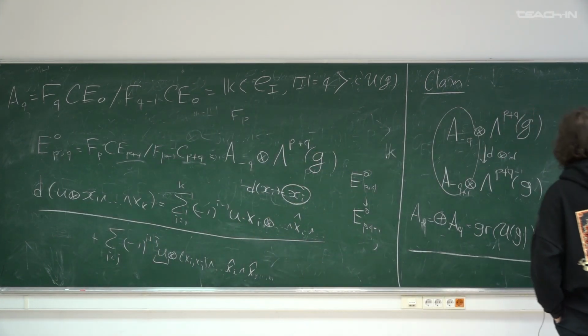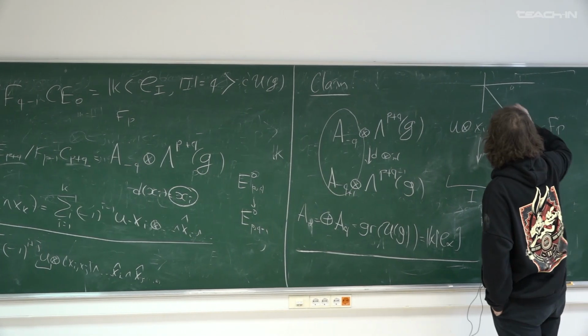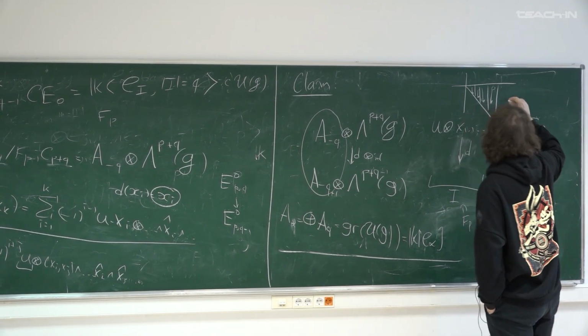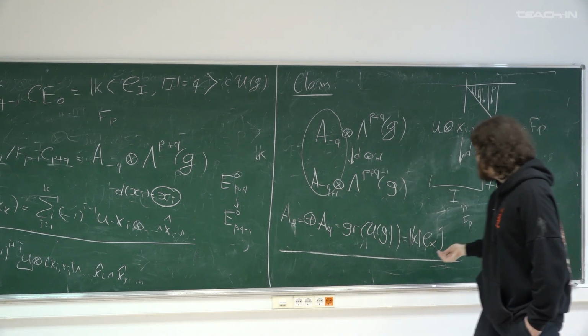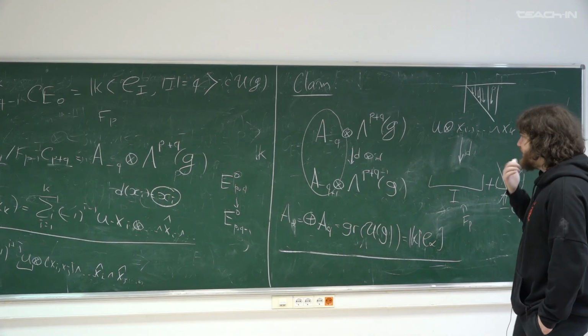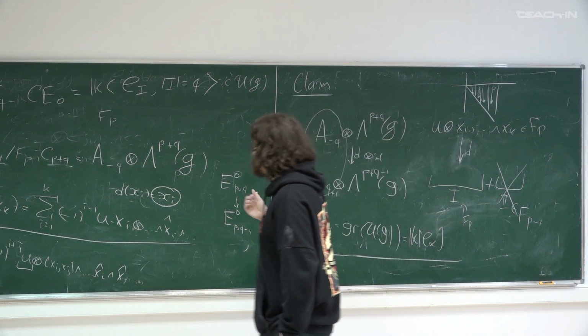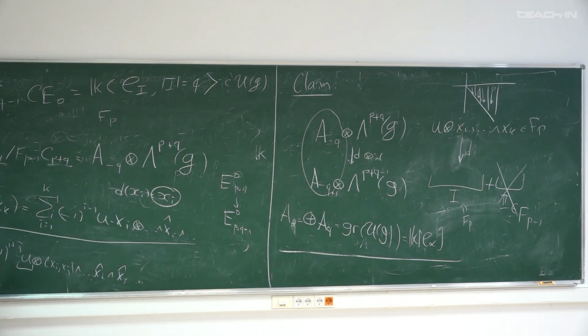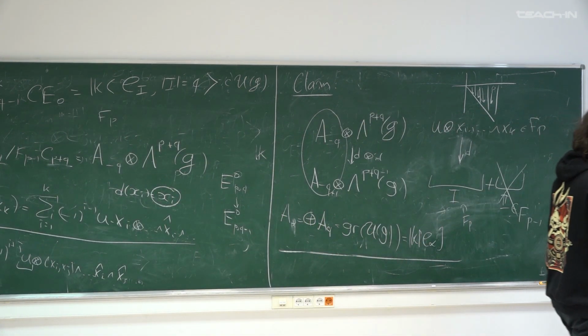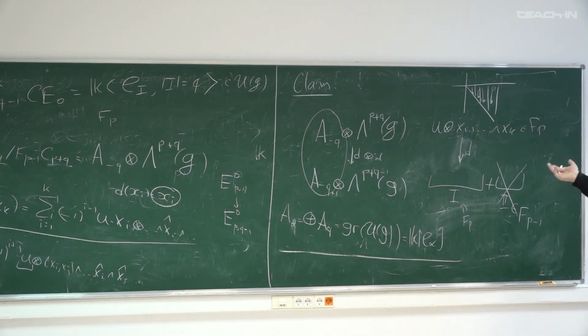So each column in our spectral sequence just coincides with the Koszul resolution for this polynomial algebra. And so this is exact, because we know that the Koszul resolution is exact. And we see that this works over any commutative ring, if your Lie algebra is a free module, because the Poincaré-Birkhoff-Witt theorem is true for Lie algebras which are free modules over commutative rings, and the Koszul resolution is also true for any commutative ring.